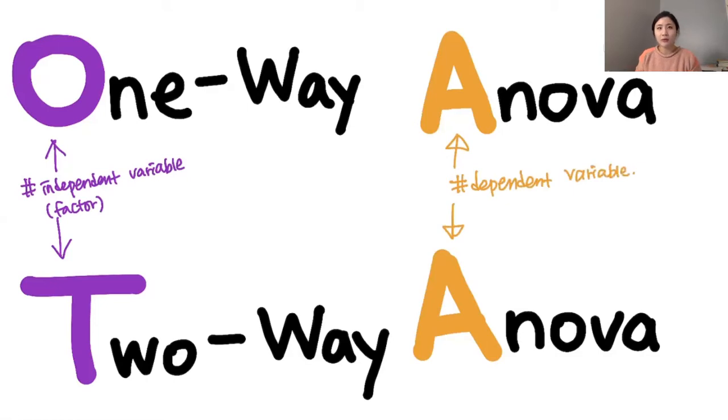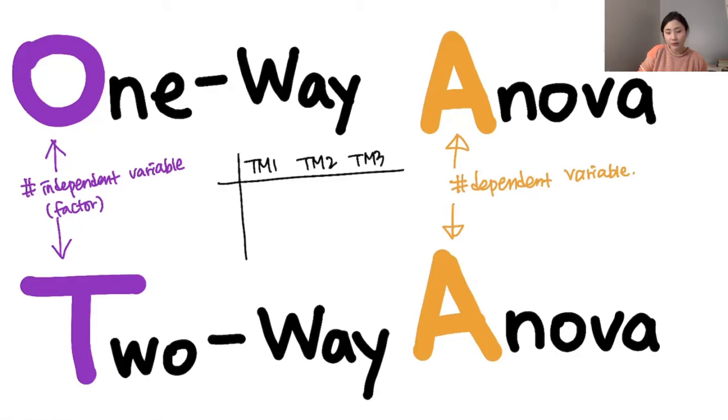As I showed in the previous ANOVA video, if I want to compare the group means of the SAT score according to 3 teaching methods, we can compare teaching method 1, teaching method 2, and teaching method 3, and we have the dependent variable as test scores.